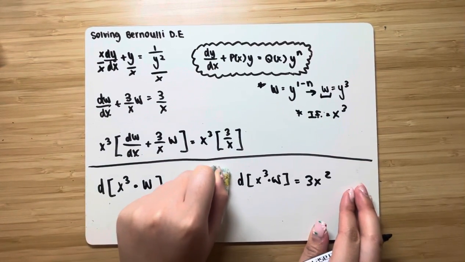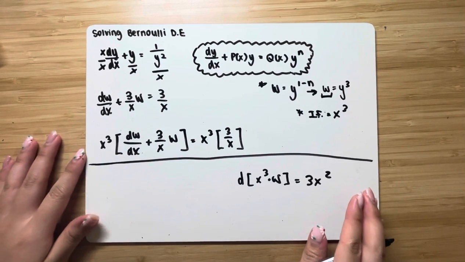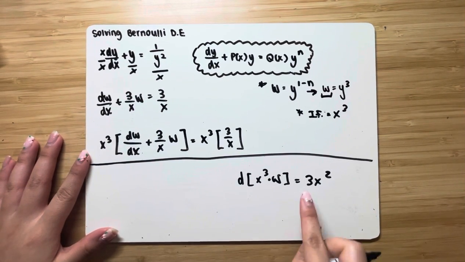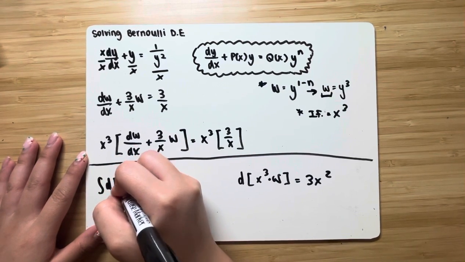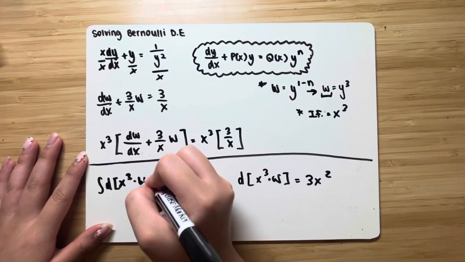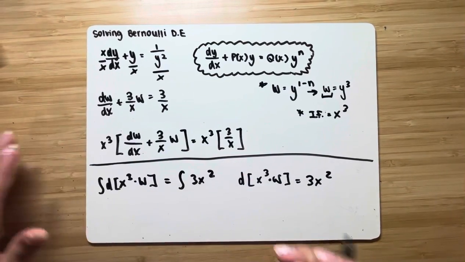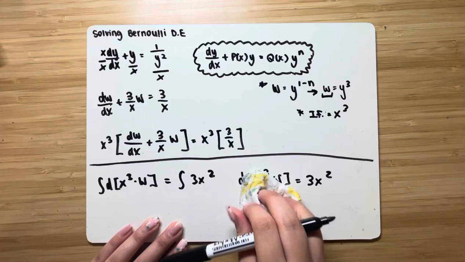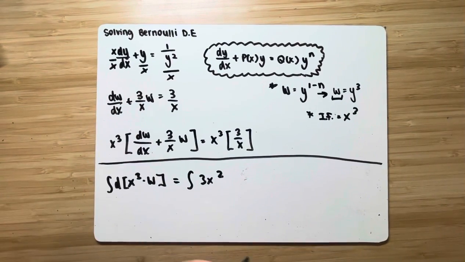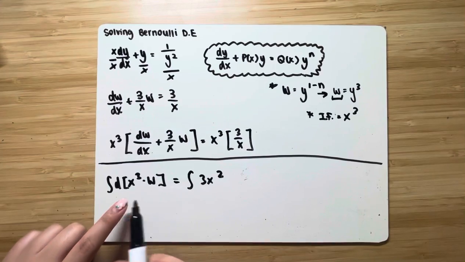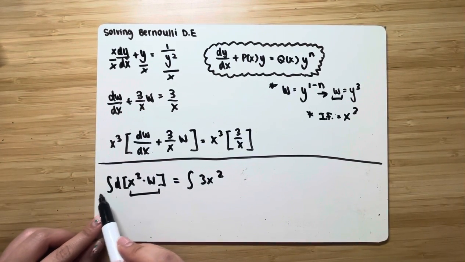Now what you want to do next is find the integral of both these values. So the integral of the derivative of x cubed times w equals the integral of 3x squared. And an integral of a derivative is the same as this portion itself, because integral and derivative cancel out.